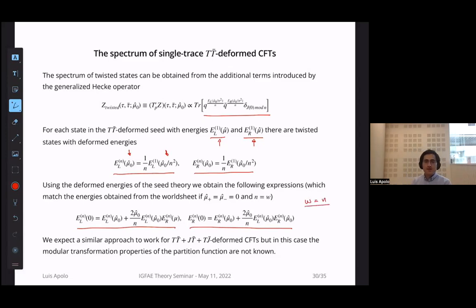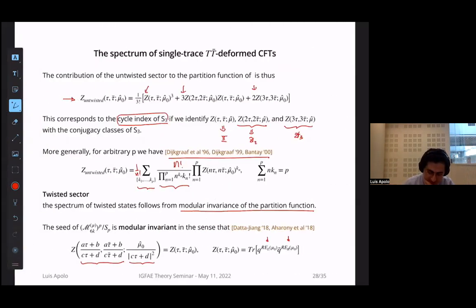Okay, so I expect a similar approach to work for the more general TTbar, JTbar, and TJbar deformed CFTs we've been considering. And the reason we haven't done this yet is because the modular transformation properties of these partition functions are not known yet. And in fact, it's not clear if one can even write them in closed form. So you see here, the partition function transforms nicely.